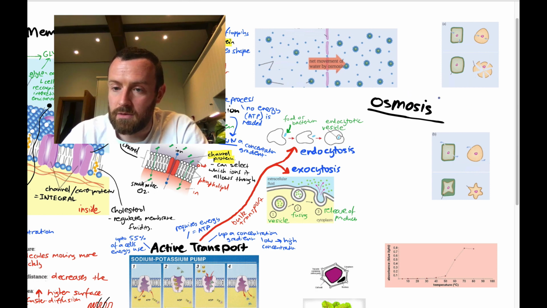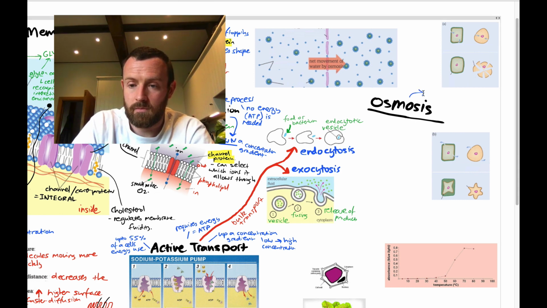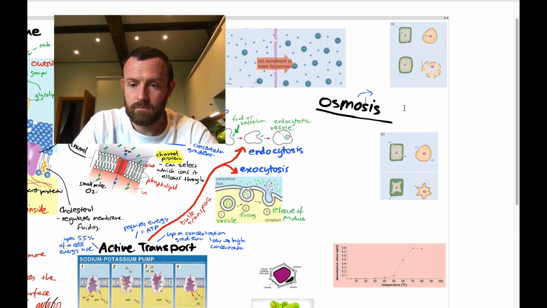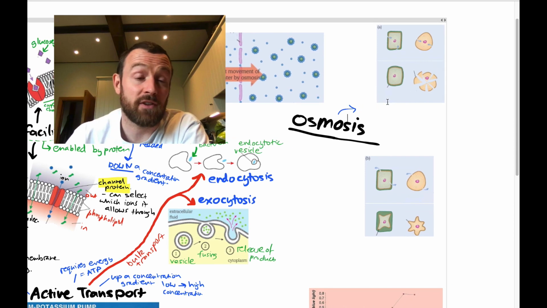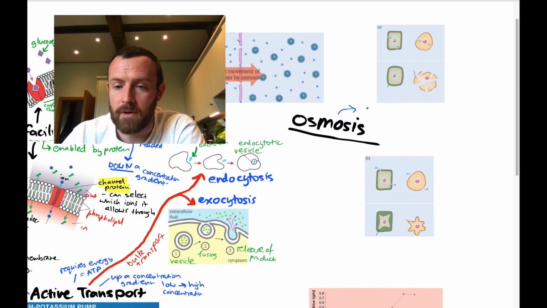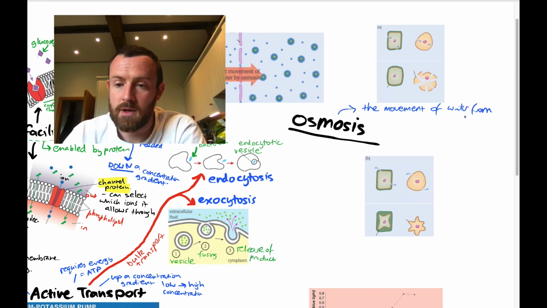So let's write the definition, okay? It's worth it. The definition for osmosis at A level is a bit more complicated. It's the movement of water from an area of high water potential.